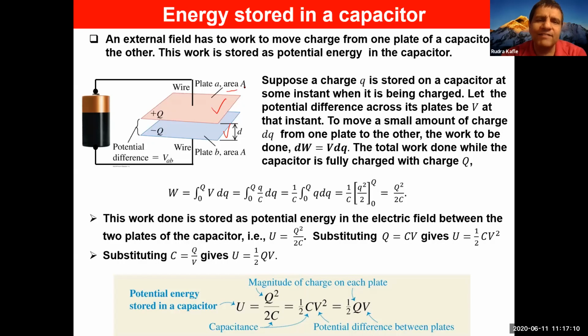Each of the plates has area A. When I connect this capacitor to a battery, it maintains a potential difference. Here I have shown V_AB, but you can simply write V_AB equals V. That is the potential difference between the two plates.